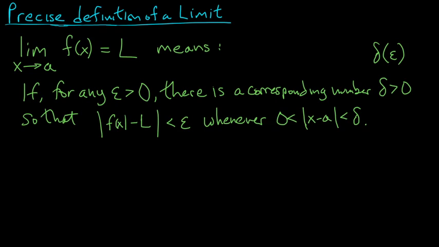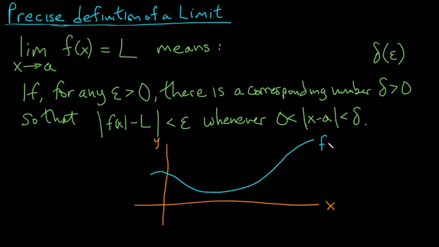So let's try to go through this carefully and see what this means. I'm going to draw the graph of just some function. This is my x-axis, my y-axis. And so we have some function, I'll just call it f of x. And I want to pick a specific value of a that x is approaching. So let's say a is right about here.